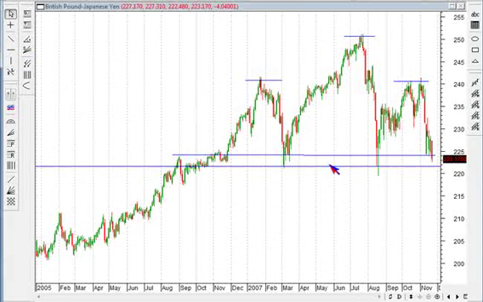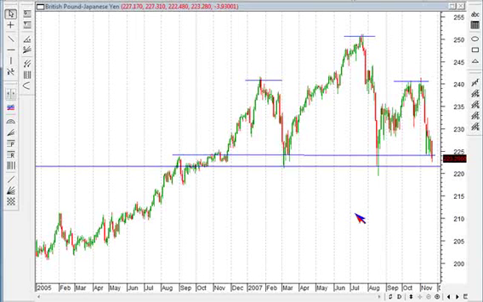It's not a precise support point, but it is a support range. The time frame that I'm looking at here is a daily chart of the pound yen. The one we were looking at on the euro dollar was an hourly time frame. So again, these price patterns work regardless of what charting time frame you're looking at.